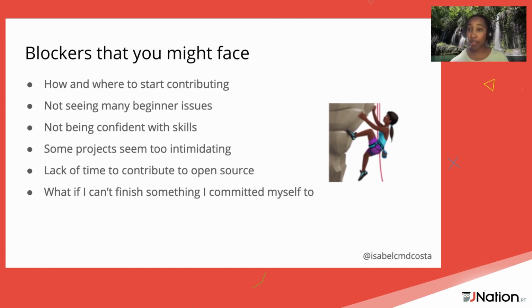What I have to say about this is transparency is always key, being honest. So if maintainers are counting on you to contribute to a certain issue and you cannot contribute to it, that's totally fine. You just have to communicate that to the maintainer. You just have to update the issue and say, hey, I cannot work on this anymore. You can give reasons or not. This is open source. You choose what you do on your spare time.